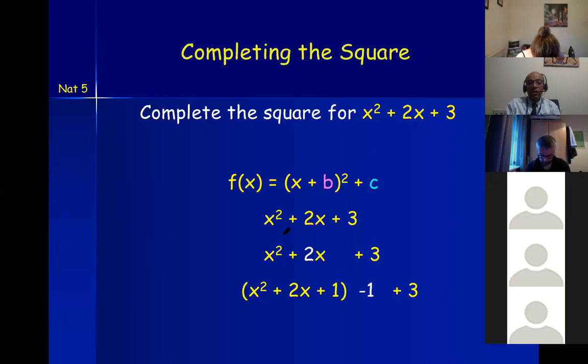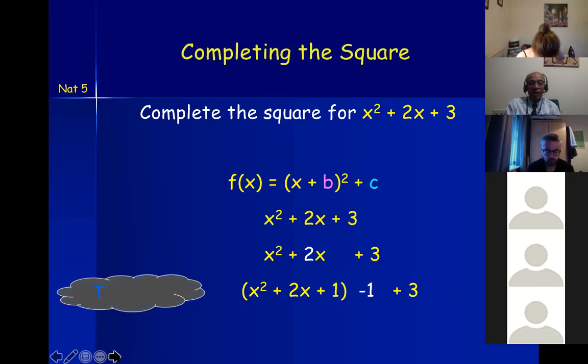So we've rewritten this x squared plus 2x plus 3 in this format, because looking at this, we can see that x squared plus 2x plus 1, if I was to find two numbers that multiply to give me 1 and add to give me 2, it's 1 and 1. So that should be (x plus 1) squared minus 1 plus 3, which is plus 2.